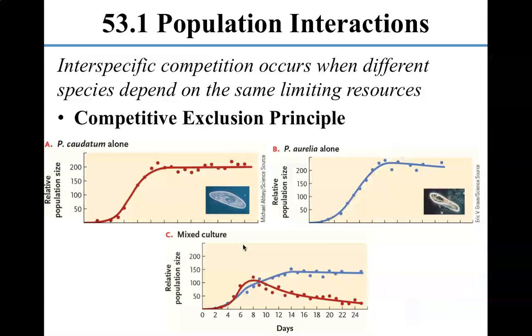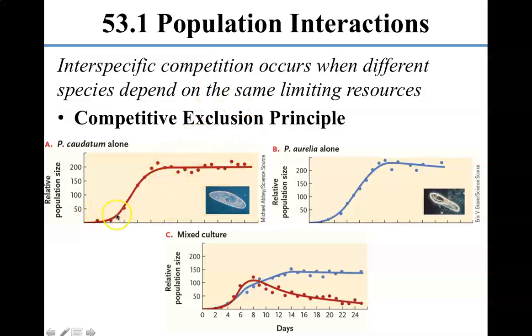This leads to the competitive exclusion principle. So this is based on a famous experiment using two types of paramecium. What they did was put plenty of food in a vial, and then added this guy, Paramecium caudatum.